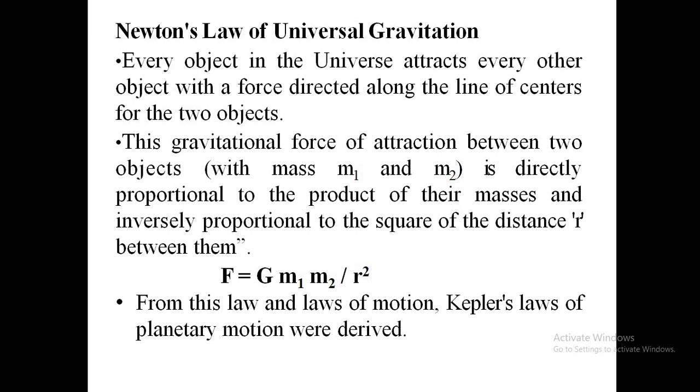So here the gravitational force of attraction F is equal to G m1 m2 by r square, where m1 and m2 are the masses of the two objects, r is the distance between the centers of the two objects and G is the gravitational constant. From this law and the laws of motion, Kepler's laws of planetary motion can be derived.